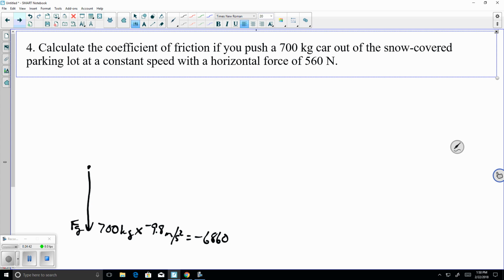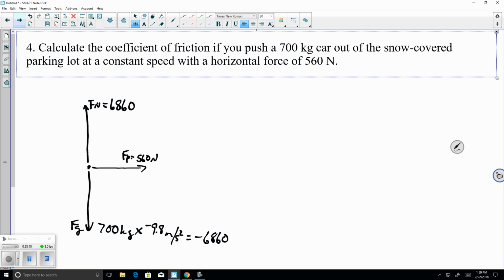The car is going at a constant speed. There is only one force up and one force down, so the normal force is equal and opposite to the force of gravity. So that's going to equal 6,860. We are pushing the car at 560 newtons, or you could say force on car by person.